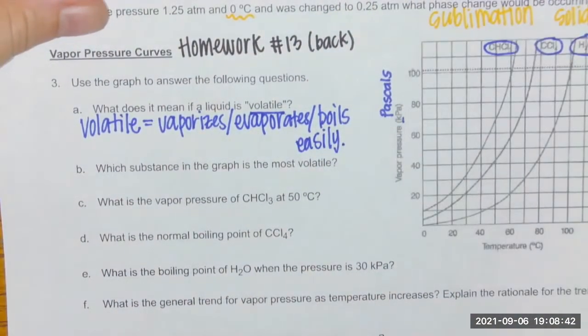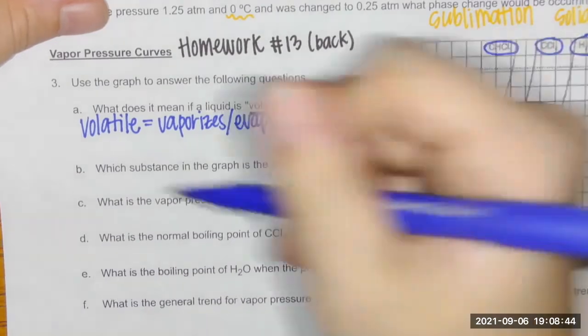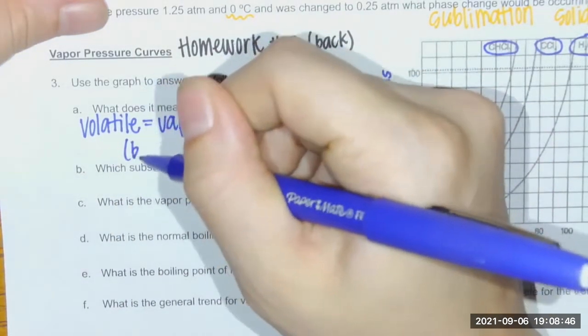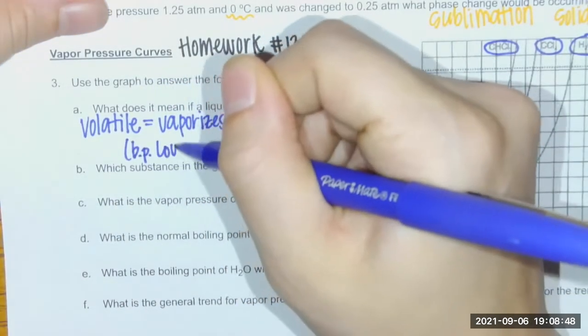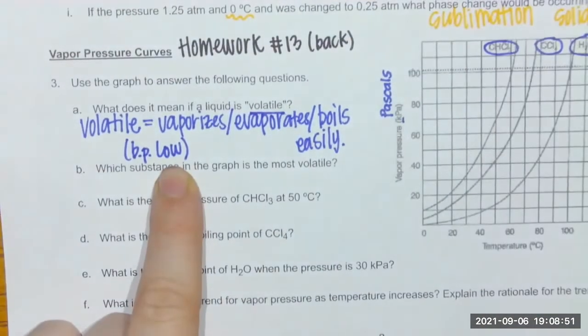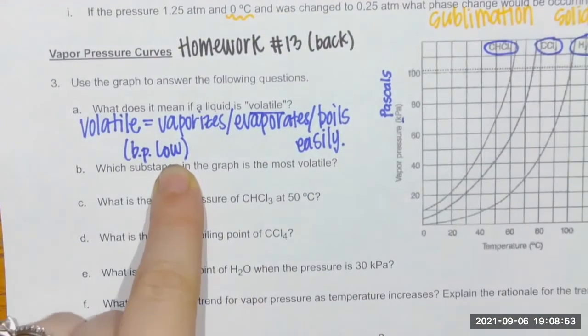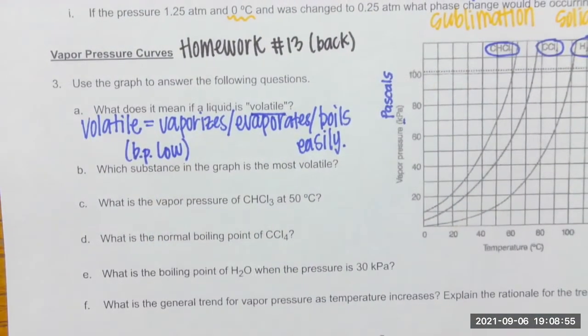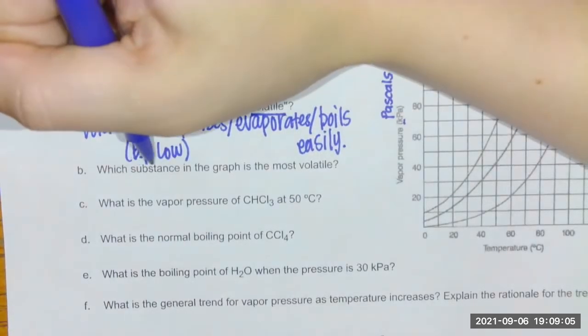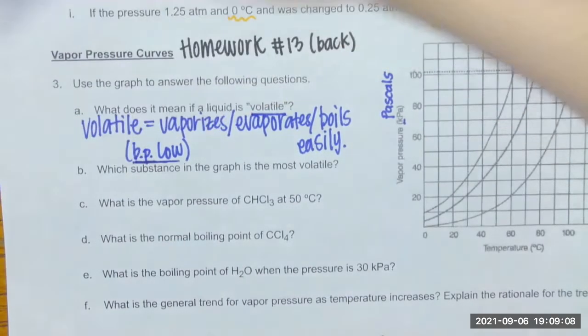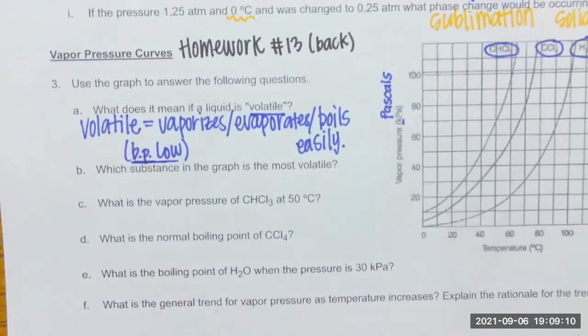If it boils easily, you could say that its boiling point is low. We don't have to achieve a high temperature in order for this to boil. So which substance in the graph is the most volatile? Okay, cool. So I just need to look for the lowest boiling point.